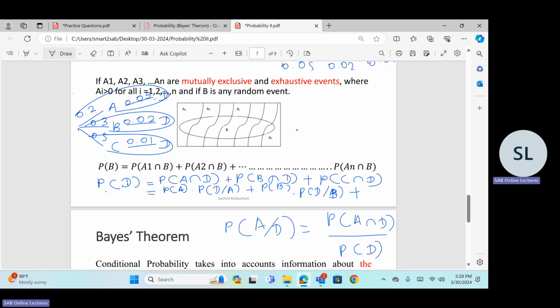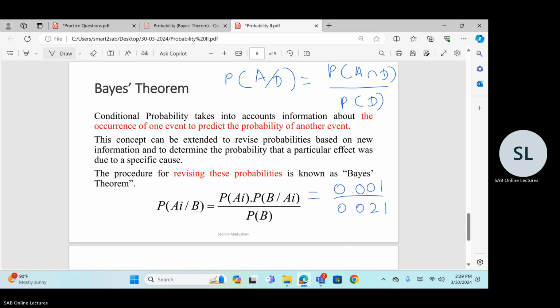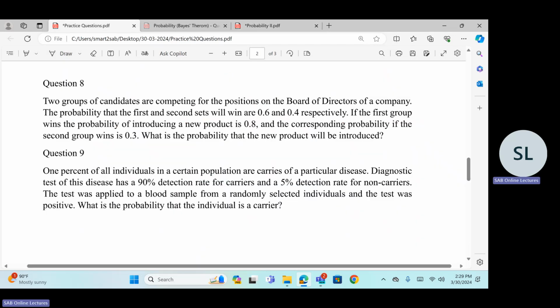Understood? Then we find machine A and revise it. Is it clear? That we call Bayes theorem. Understood or not? Clear? Let me move to the picture, then you can get the idea.